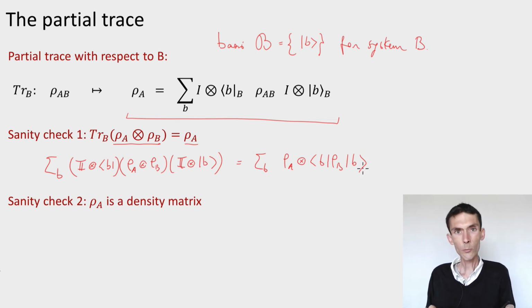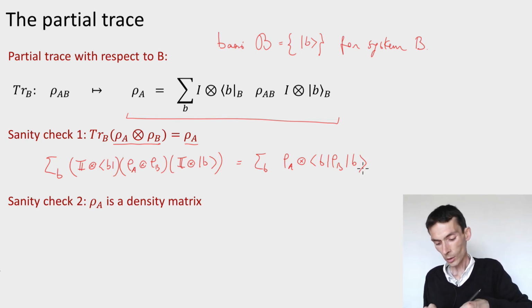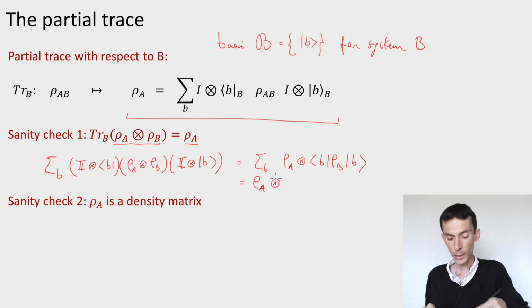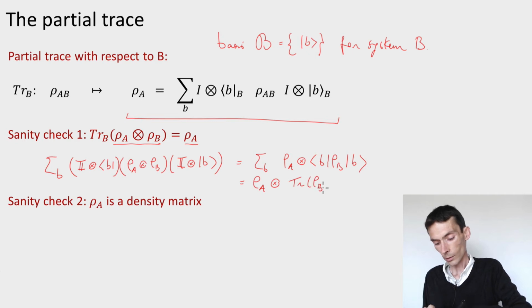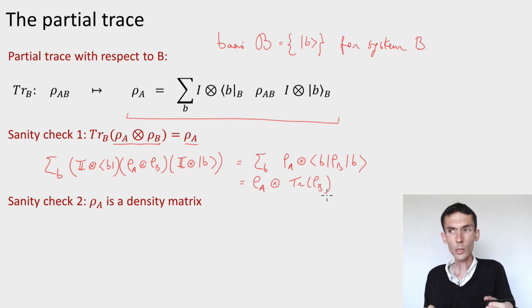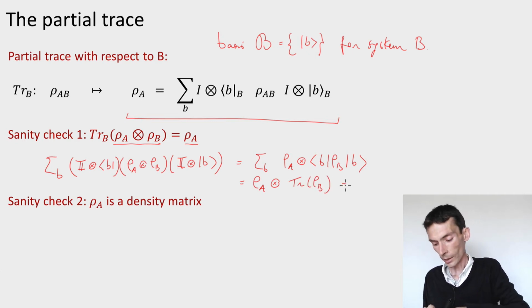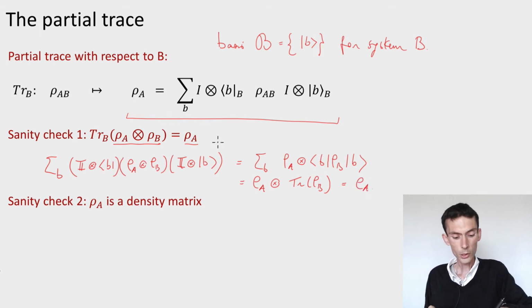And now using that I'm summing over the elements of a basis, what I recognize here is ρ_A tensored the sum over B of the overlap of ρ_B on B, and that's simply the trace of ρ_B. And now because ρ_B is a density matrix, its trace is 1, and I simply recover ρ_A as desired. So the first sanity check passes.